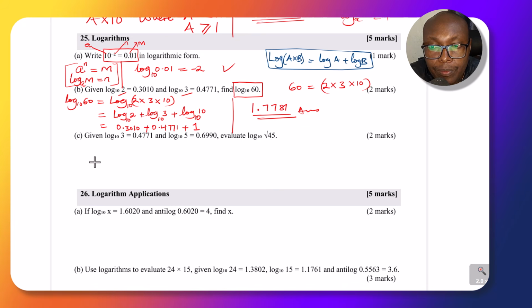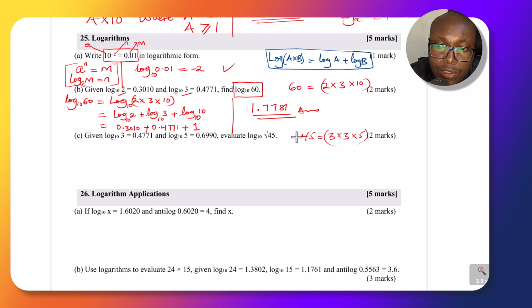And don't forget that you're also getting the root. So let me first write 45 in terms of 3 and 5. I can write it as 3 multiplied by 3 multiplied by 5, that is 45.